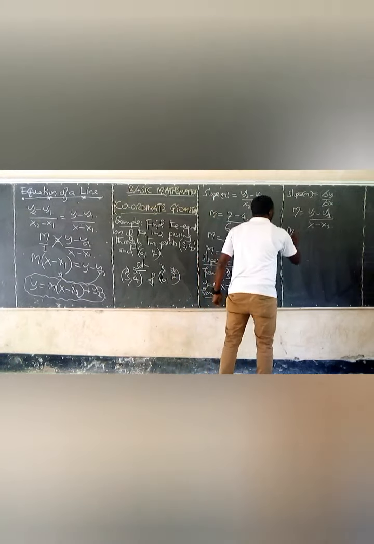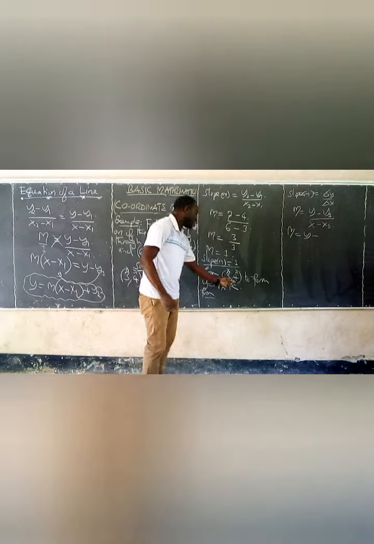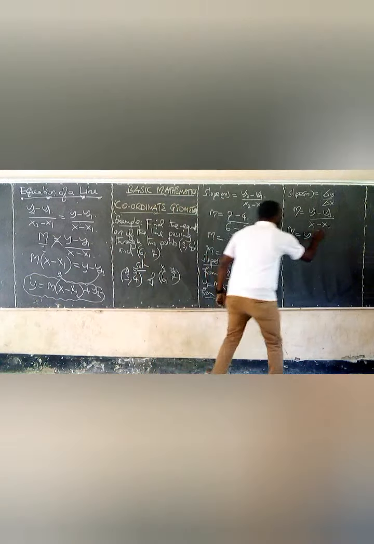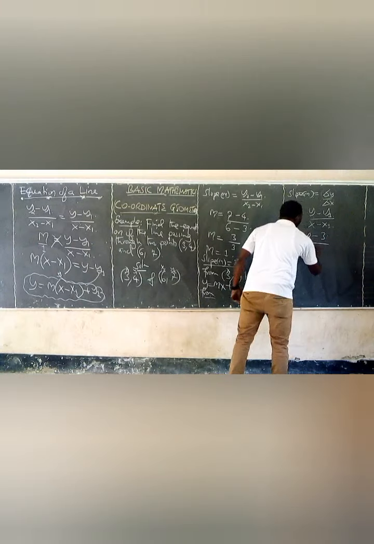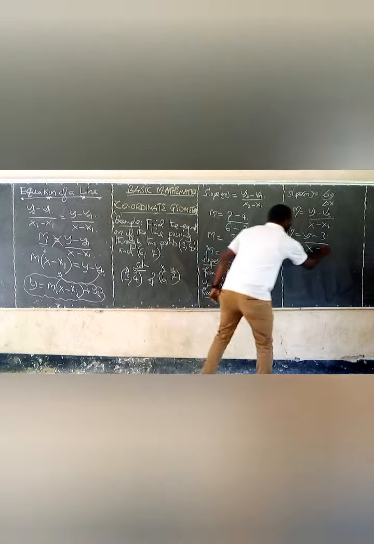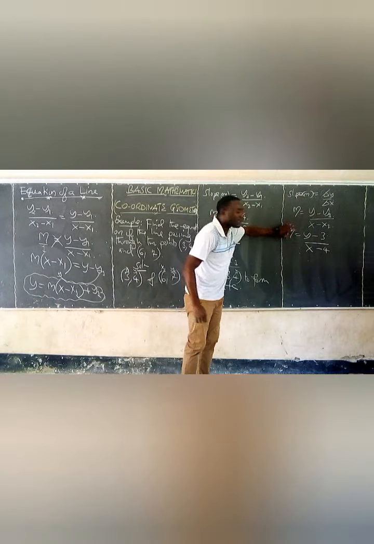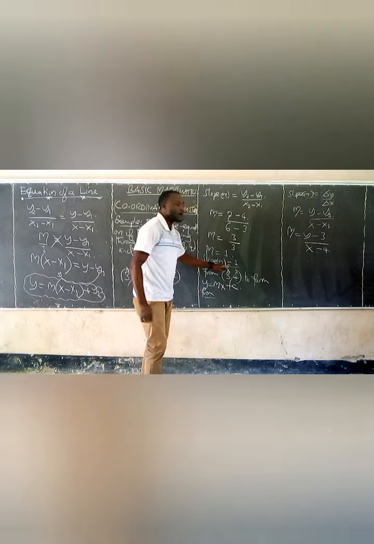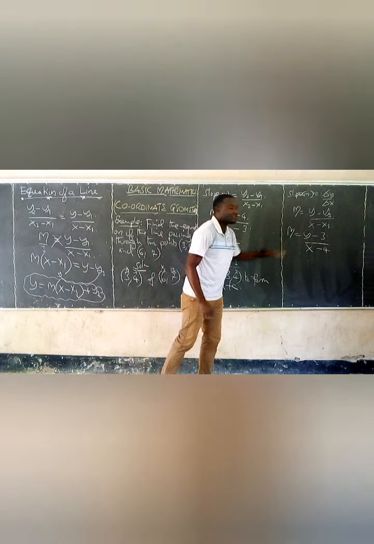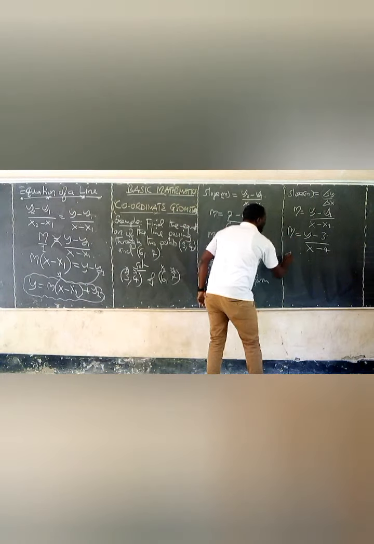Then we say the slope is equal to y minus, what is our y1? We have let it be 3, so y minus 3, divided by x minus, what is our x1? Our x1 is 4, so we write 4. But m is the slope, and we have already obtained the slope. The value of the slope is 1, so instead of writing m, we write 1.